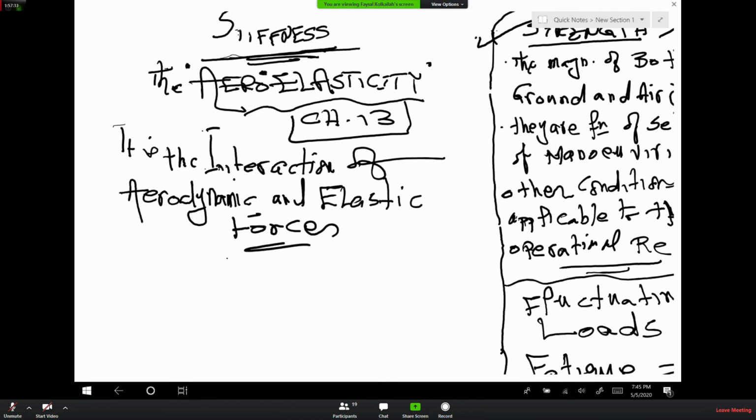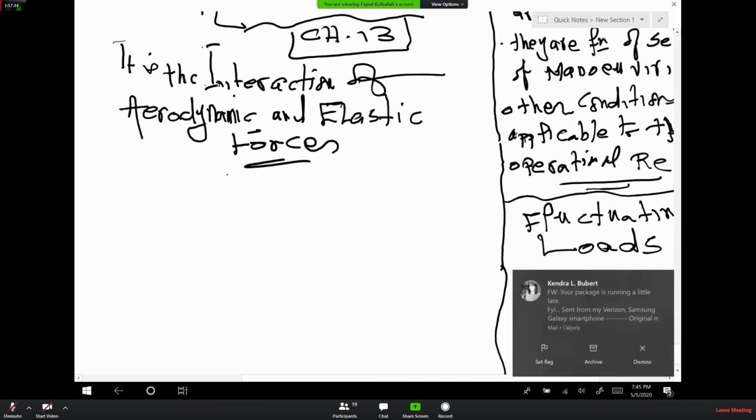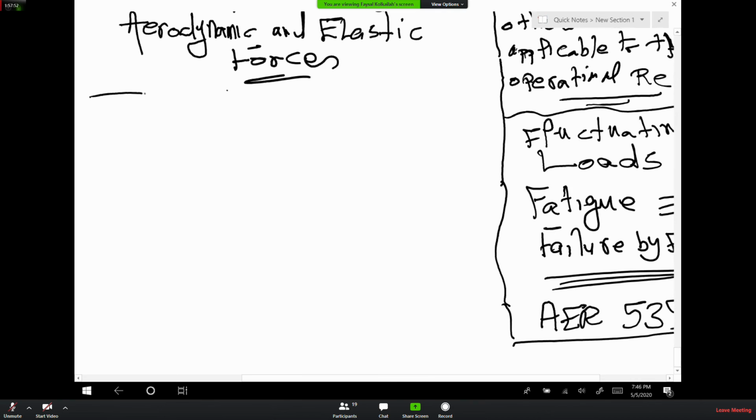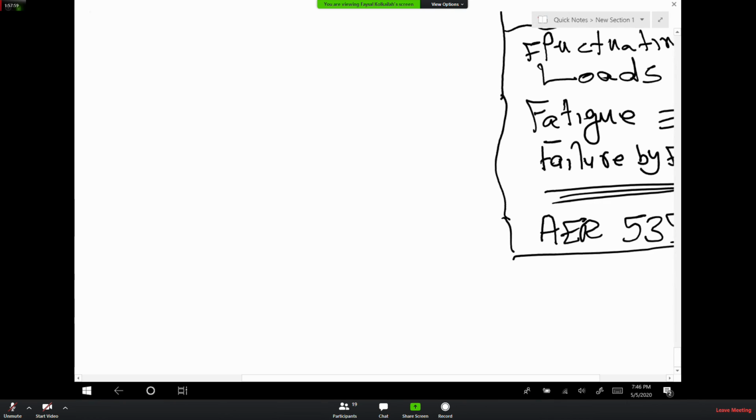And we're going to give more explanation, but let's really forget about the strength and talk about the stiffness. So we're going to talk about aeroelasticity, and we said it is the interaction of aerodynamics and elastic forces.